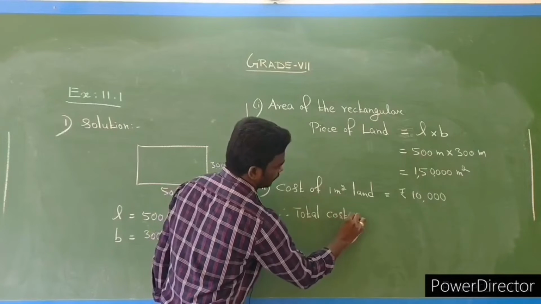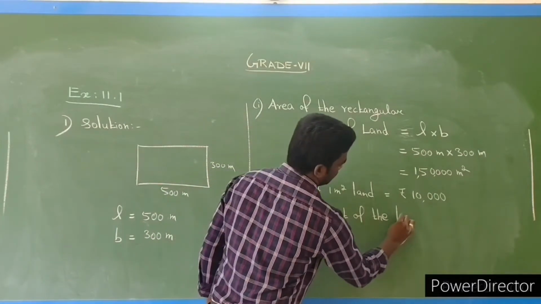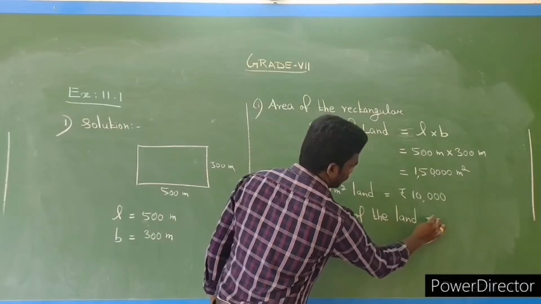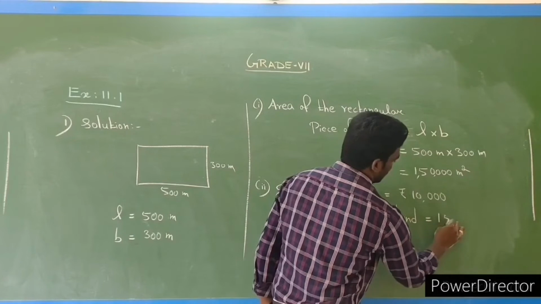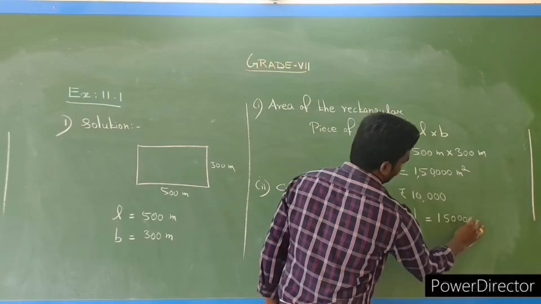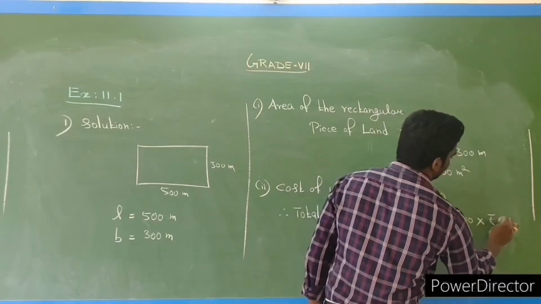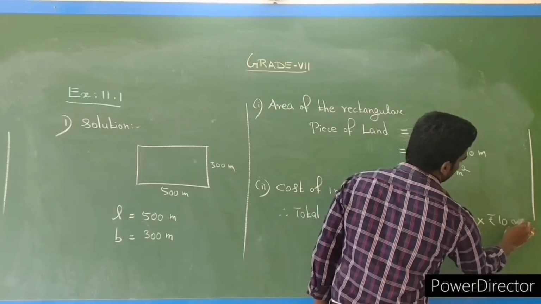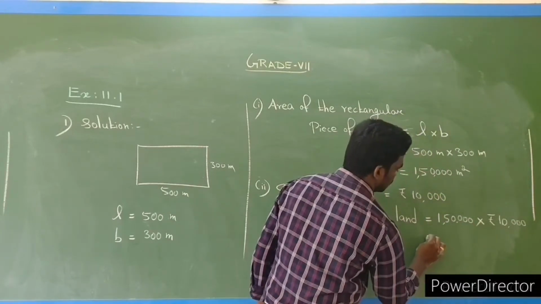Therefore, total cost of the land. What is the total cost of the land here? The area of the land is 1,50,000 into cost, which is 10,000 rupees, which is equal to, how to find?